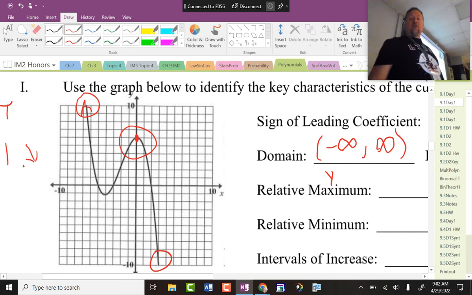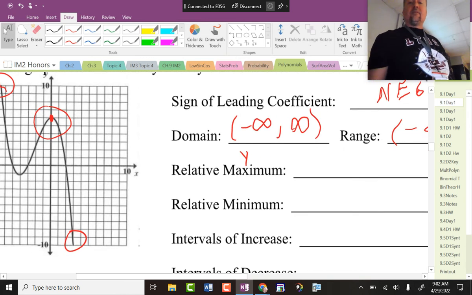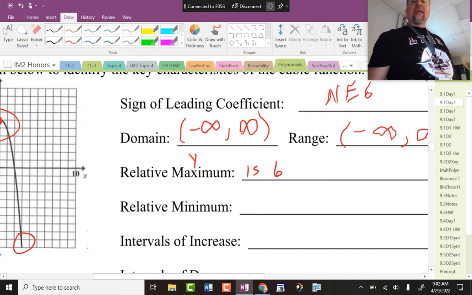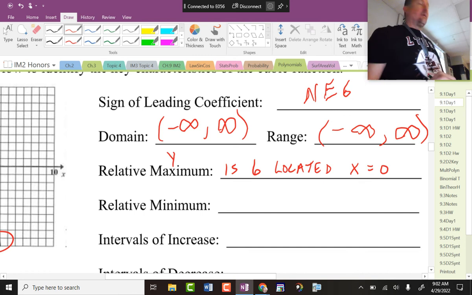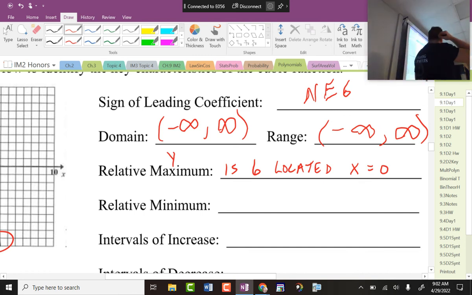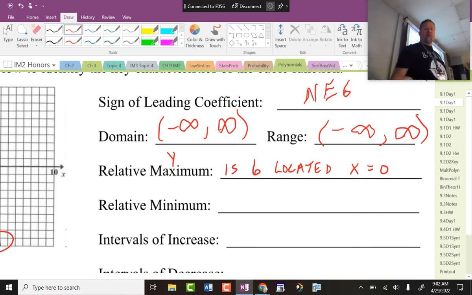Maybe make a note to self why we're calling it relative. But it is 6 and then located at, that's how you mention the x coordinate. Sorry, x equals 0. So the local relative maximum is 6 at x equals 0.